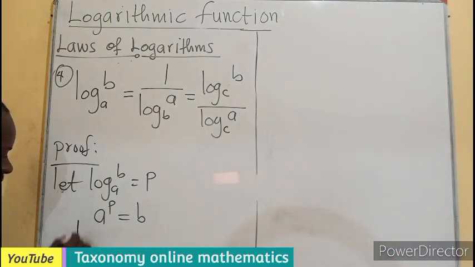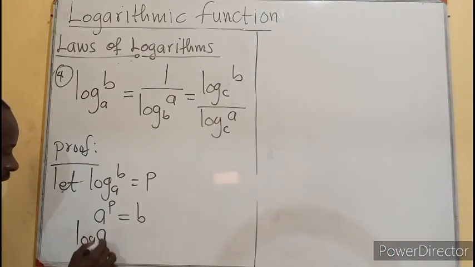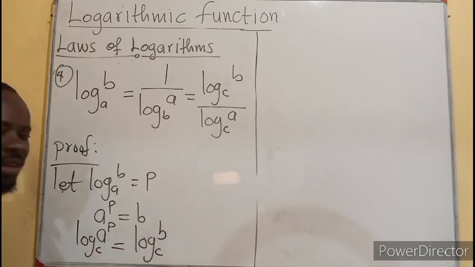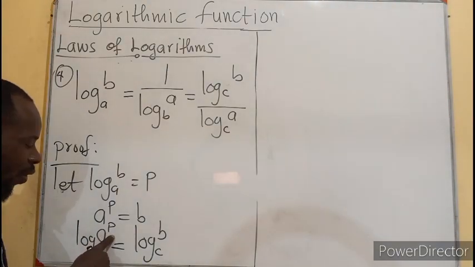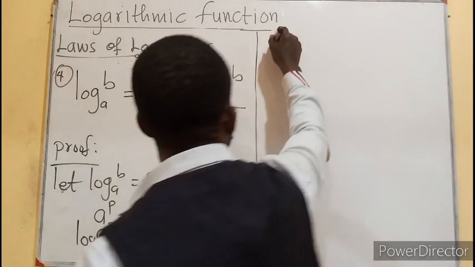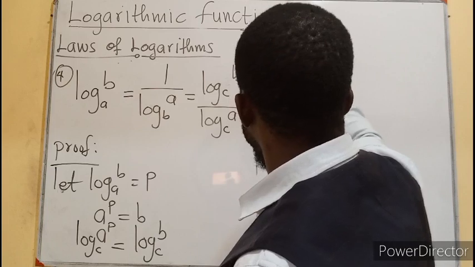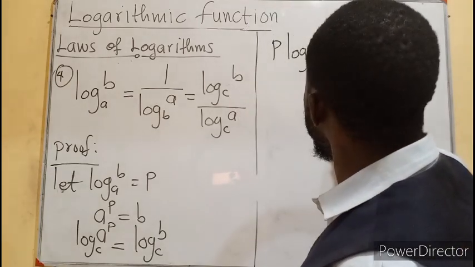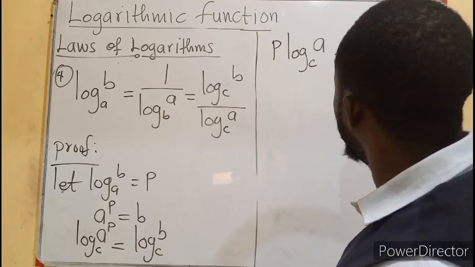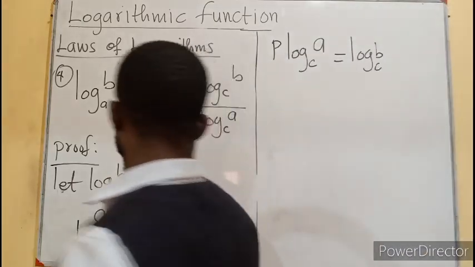So this is the log of a exponent p base c equals the log of b base c. Now we have a different base. We remember under the third law that this becomes a power, meaning it will multiply, so I'll have p multiplying the log of a base c equals log b base c.